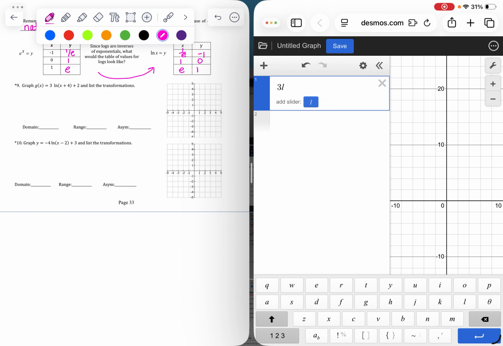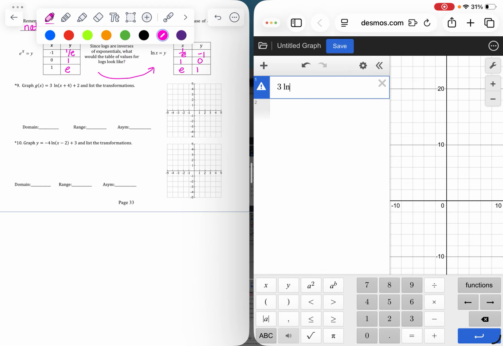Remember, it's opposite here. So it's going to go to the left 4. And then up 2. So that's just a review of some of the things we've talked about before.